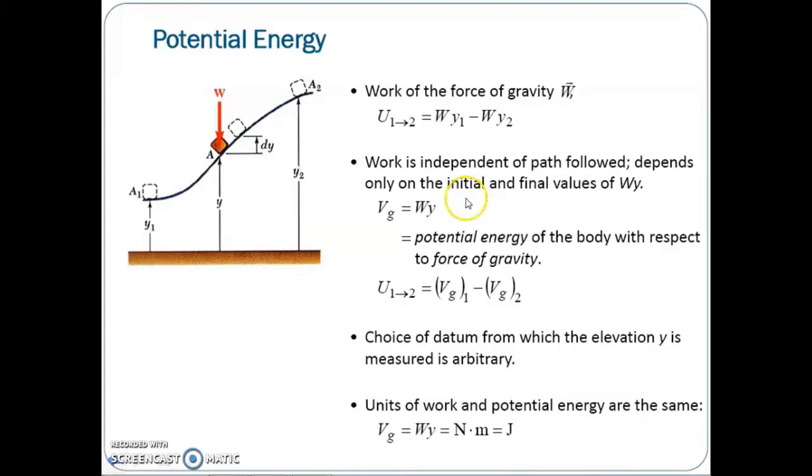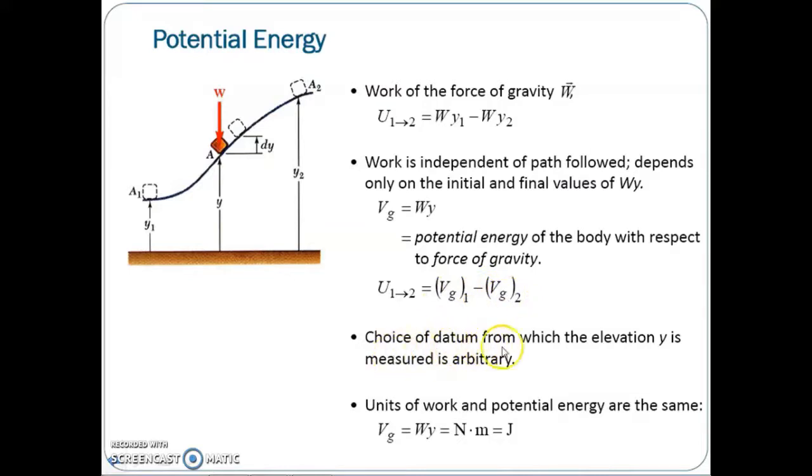So this function is called the potential energy of the body with respect to the force of gravity W, and is denoted by Vg. Here, Vg equals Wy, the potential energy of the body with respect to the force of gravity. We can also say that U1-2, the work of the force of gravity, is equal to the initial potential energy minus the final potential energy.